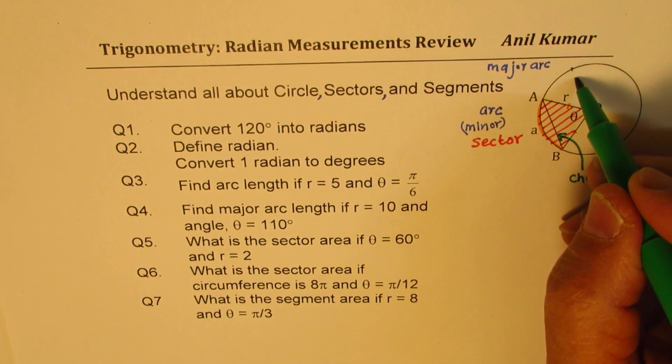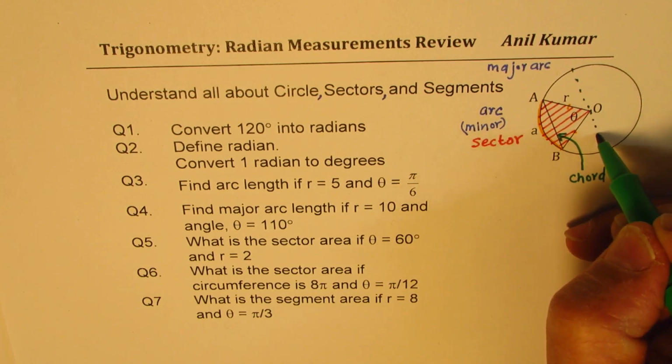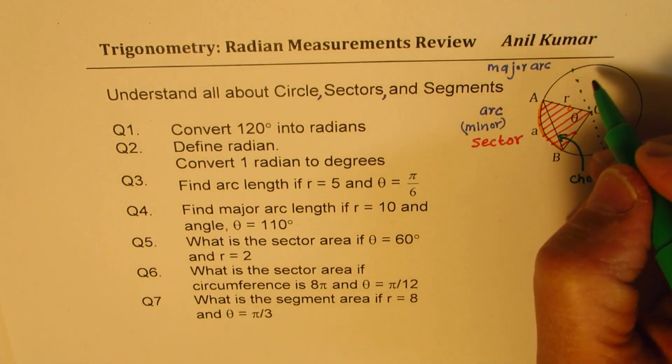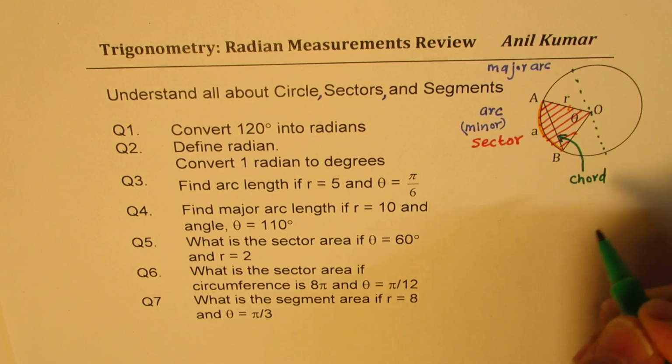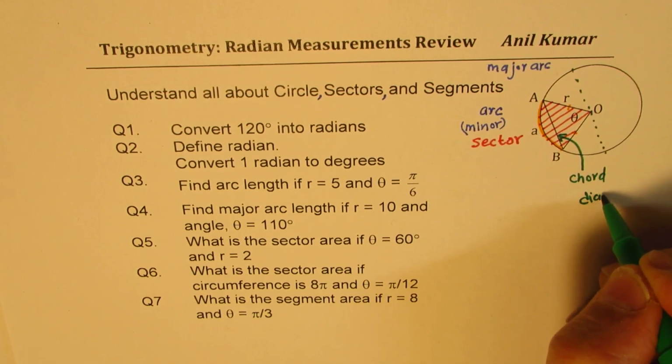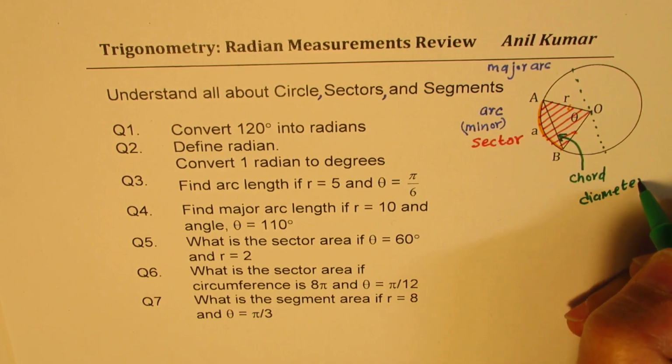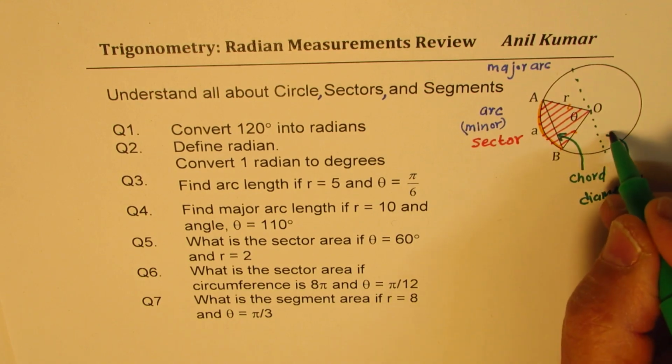So the longest chord could be passing through the center, and that will be treated as diameter. So diameter is also a chord.